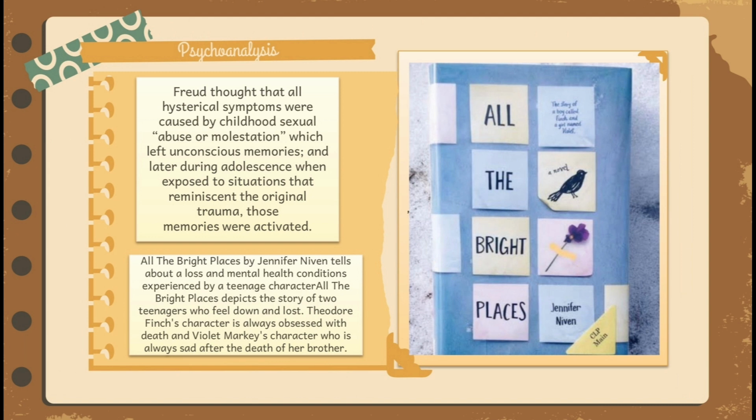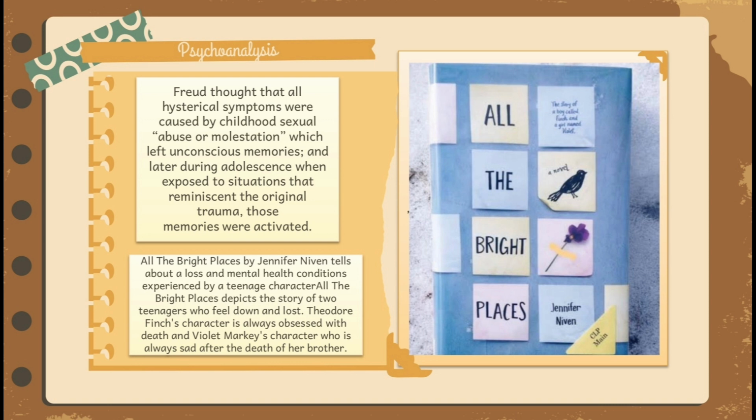Next is still about psychoanalysis, but I took the issue of trauma. According to Freud, all hysterical symptoms were caused by childhood sexual abuse or molestation, which left unconscious memories, and later during adolescence, when exposed to situations that remind of the original trauma, those memories were activated.